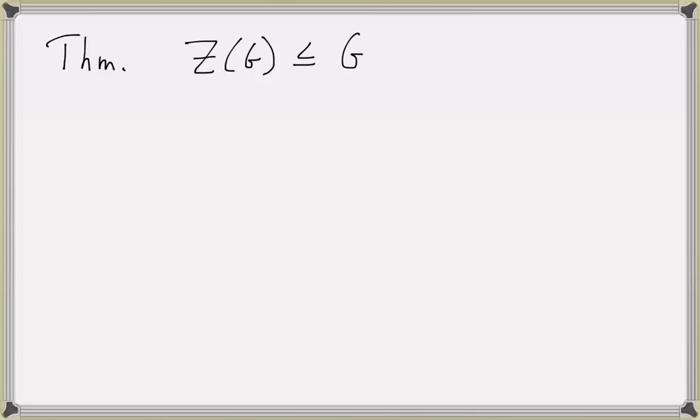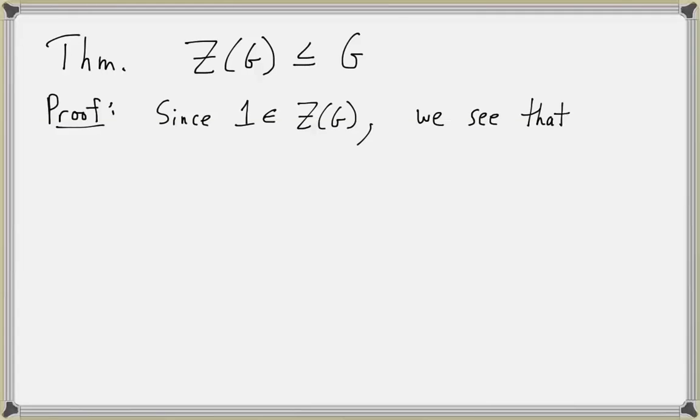So to prove that the center is a subgroup of G, we're going to use the definition of a subgroup. Clearly, the identity element commutes with any element of G. So since the identity is in the center of G, we see that the center of G is non-empty.